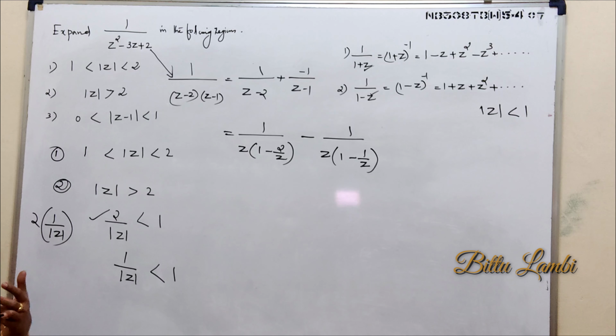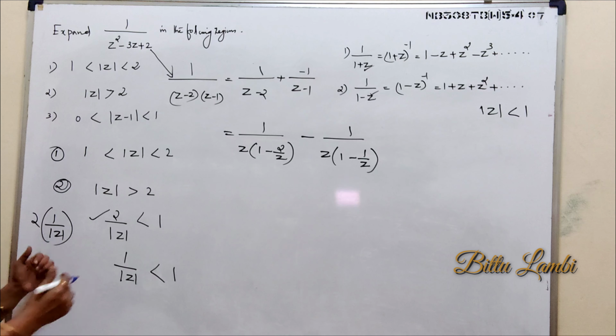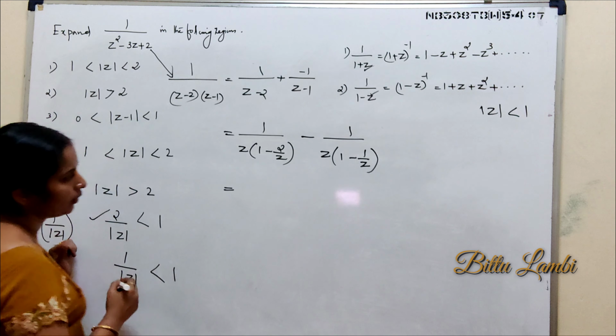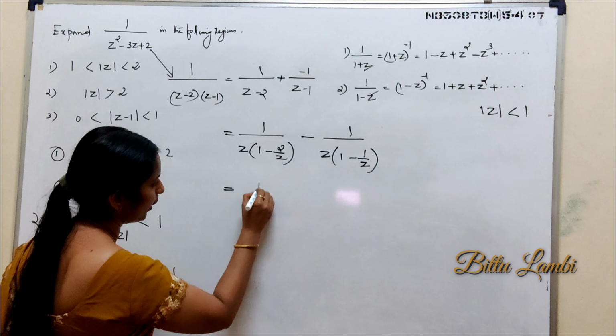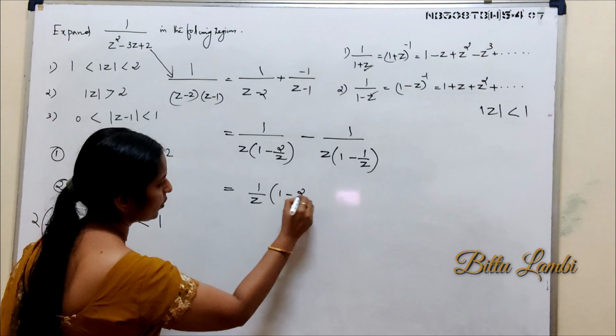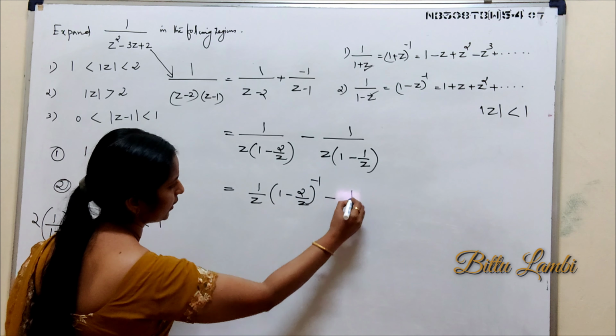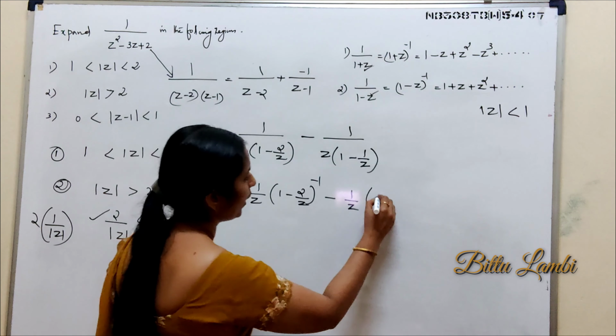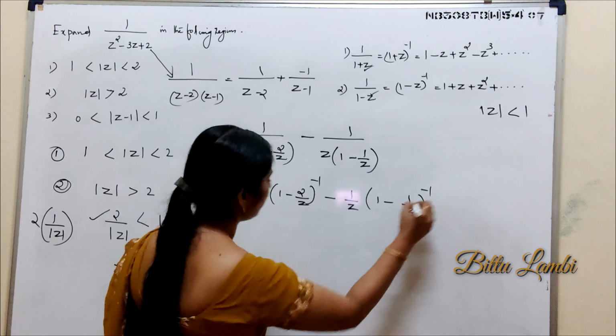Then you can easily identify how to rewrite the denominator term. Only through practice you can easily rewrite. So practice well. See, this is 1 by z into 1 minus 2 by z raised to minus 1, minus 1 by z into 1 minus 1 by z raised to minus 1.